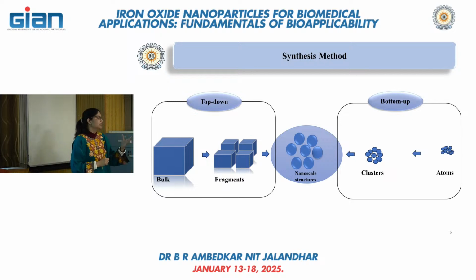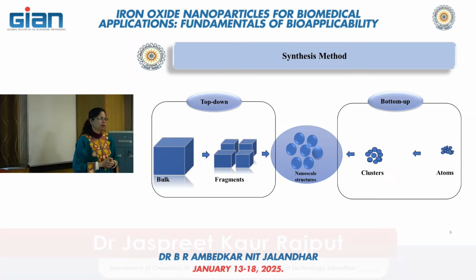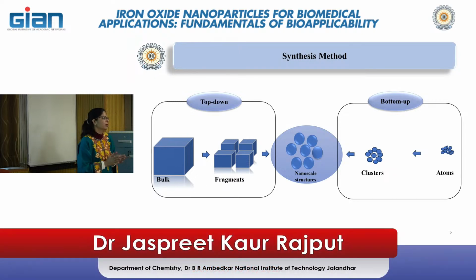So in today's lecture you have seen that you can have a variety of shapes of the material. Nanomaterials have different dimensions, ranging from 0D to 3D, right? No doubt 3D is not a nanomaterial, because all three dimensions are in the larger size.